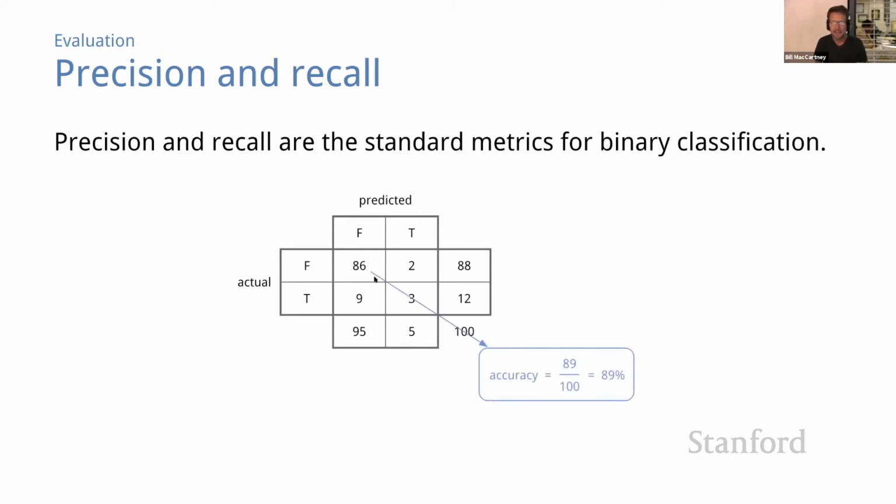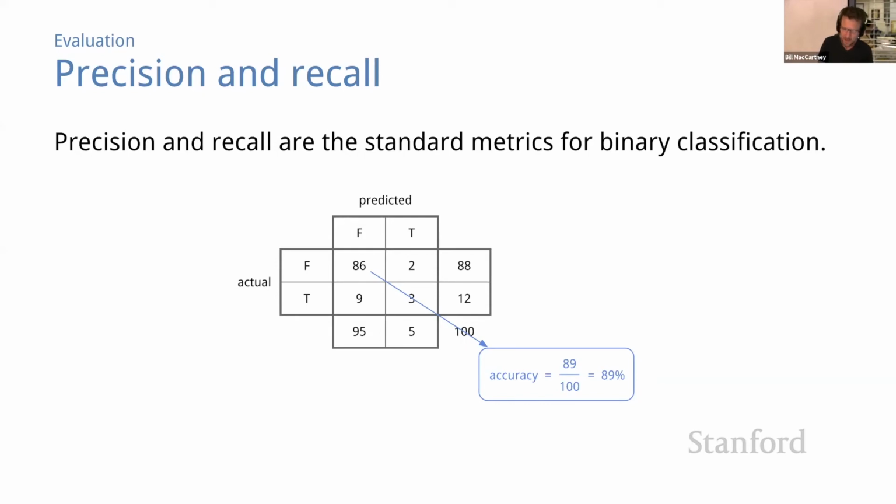Now, there are 89 instances where the predicted label agrees with the actual label. So the accuracy of this model is 89%. But accuracy is not a great evaluation metric, especially when you have a skewed distribution like this. Because even a model that ignores the data and always guesses false can get 88% accuracy just by always guessing false.